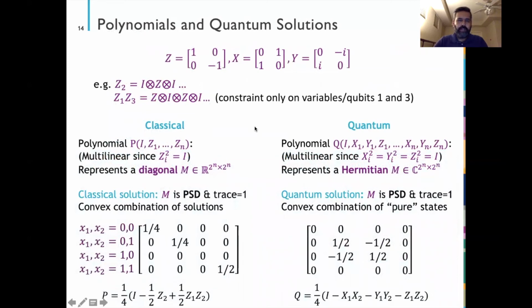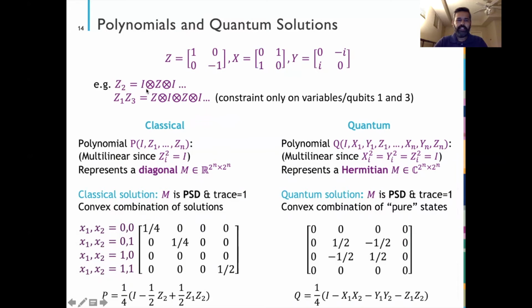So to put this in perspective, I want to talk about polynomials and quantum optimization. As mentioned before, we can look at these Pauli matrices, Z, X, and Y, and we can use them as a basis for all Hermitian matrices. This notation here, Z2, think of it as corresponding to a classical variable on vertex or qubit 2.